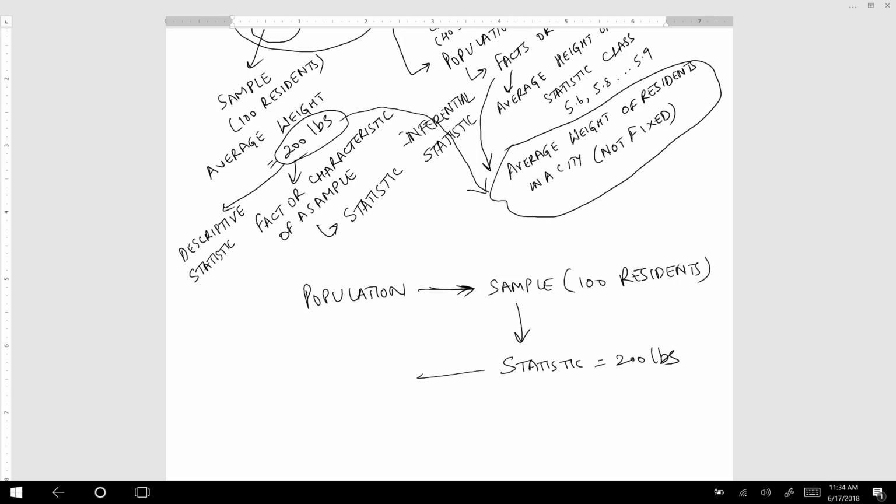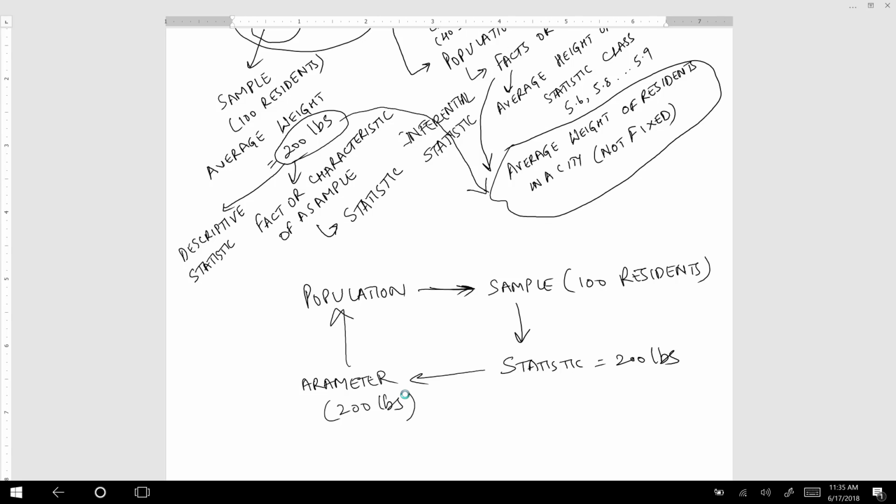And then we say, okay, the 200 pounds is the average weight of 100 residents. So we are guessing the average weight of the population, that's a parameter, would also be 200 pounds. So this is how it works.